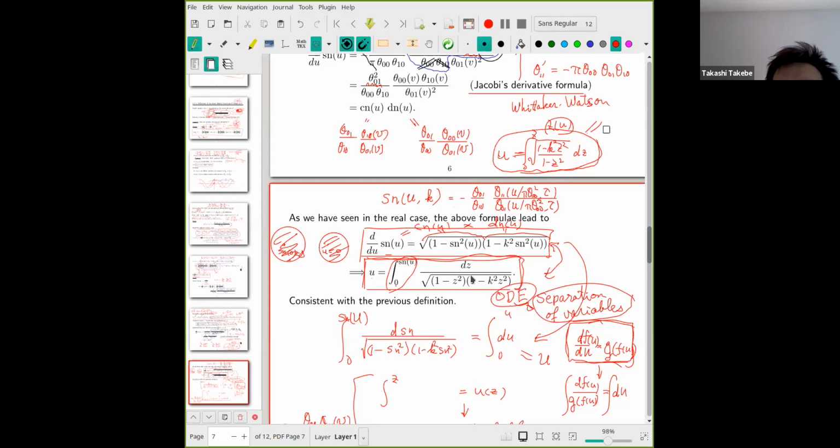We have defined Sn of u by this formula, in this section.